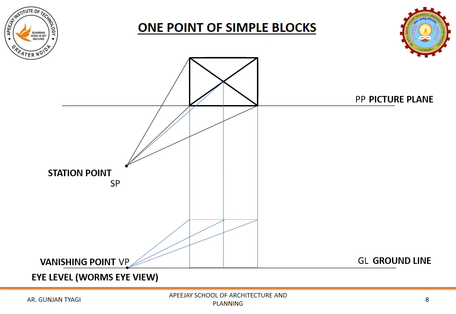Now I have joined my apex with the station point and it is cutting the picture plane at this point. I will now extend this point to the ground line. What I see is that this line, where I was able to receive my apex height, is now intersected by the above line at a point here. So I understand that this is the point where I'll receive my apex.